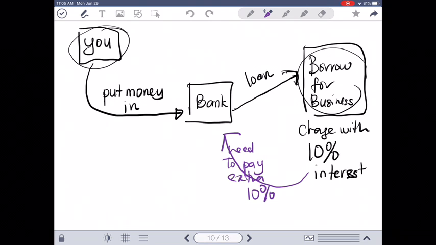So if they borrow 100 ringgit, they have to pay 110 ringgit.